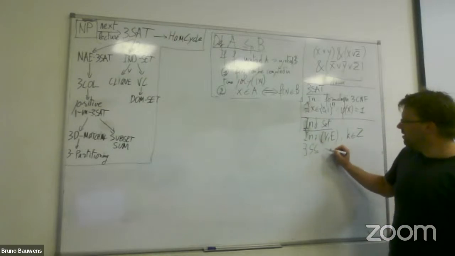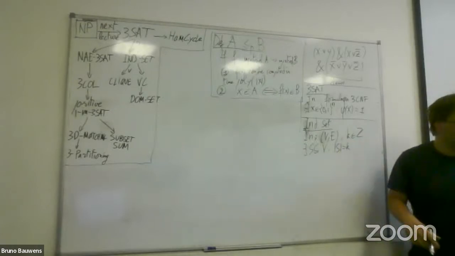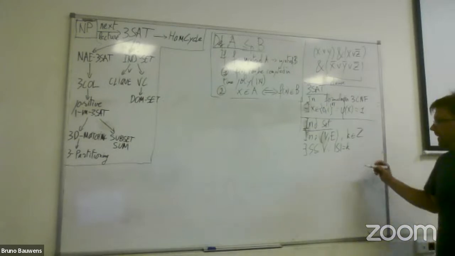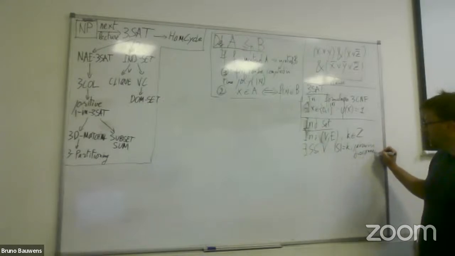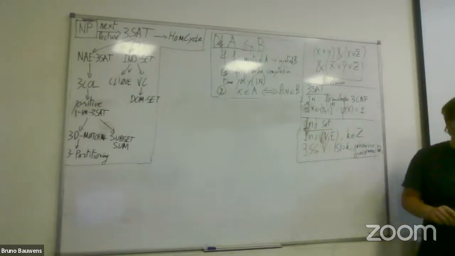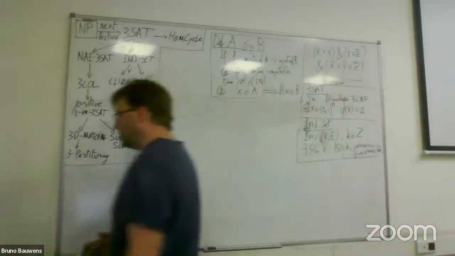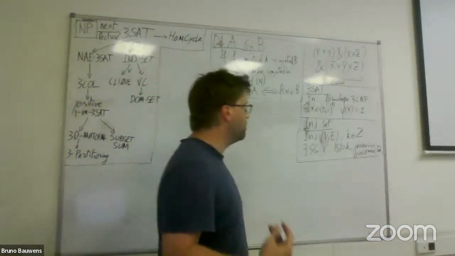Does there exist a set S of size k, a set of vertices, so that every pair of vertices is pairwise disconnected? So this is the independent set problem. We spoke about it. It's a simplification, but if we don't care about polynomial time, it is equivalent. So that was the first lecture.